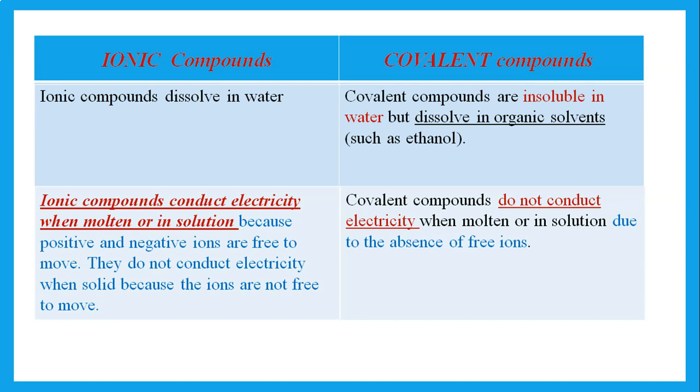Remember that for something to conduct electricity, it has to have either free ions or free electrons. Ionic compounds, when molten or solution, have free ions. A metal, for example, when we talk about metals, we'll say they conduct electricity because they have free electrons. Now, covalent compounds don't have either of that.